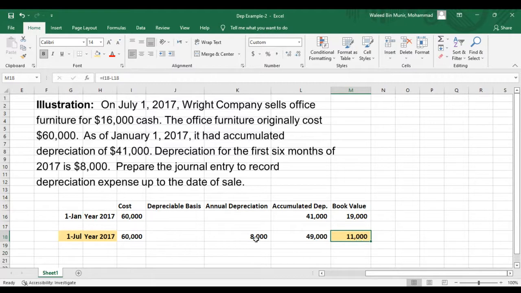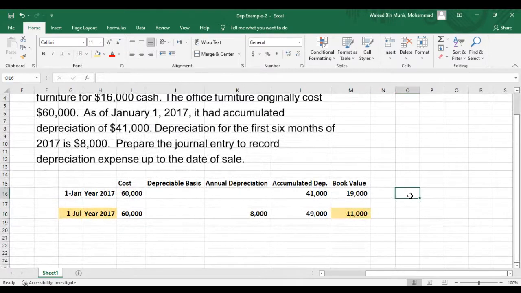Is it a gain or loss? Selling value, just putting it here, is 16,000, right?